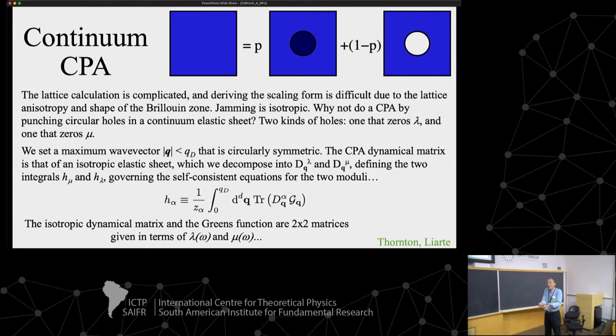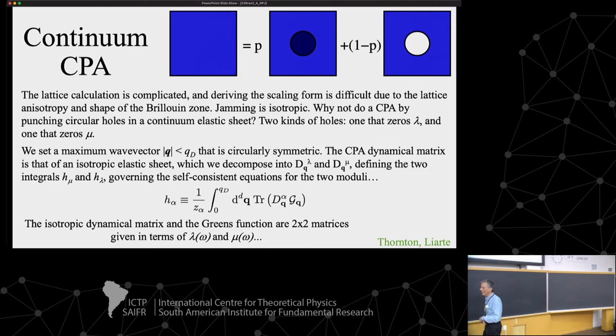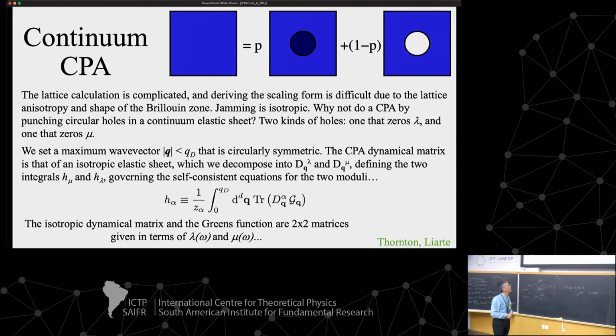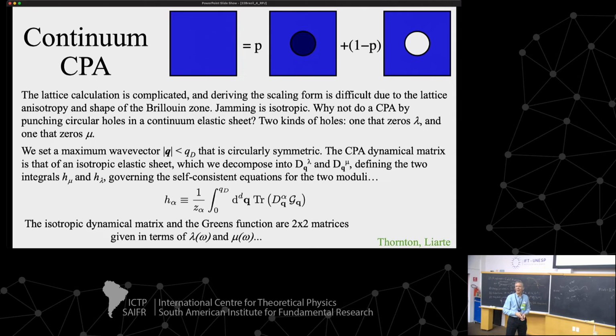And we could see that it was doing a nice job. In fact, Danilo had told us the answer, and we could see it in the answer. And we were trying to do it again. I've forgotten why. But we couldn't get the formulas to give good answers because it was a lattice, and jamming is isotropic.